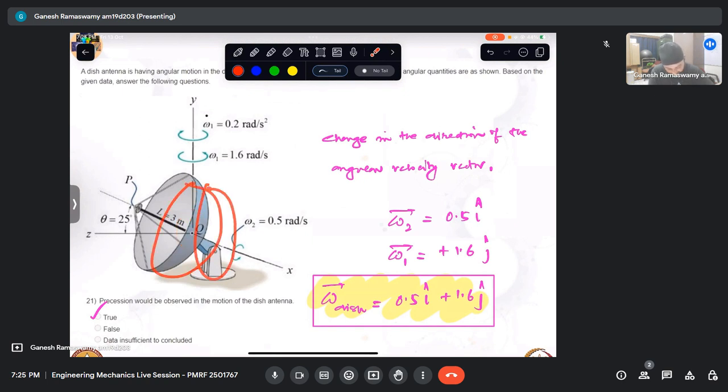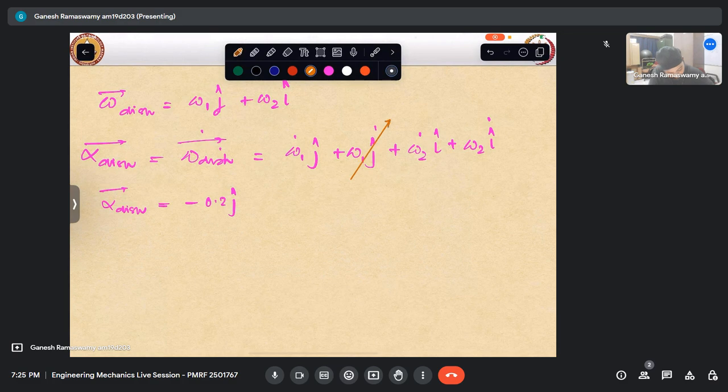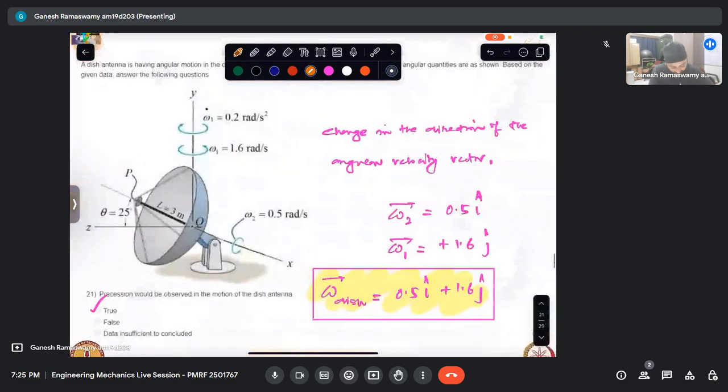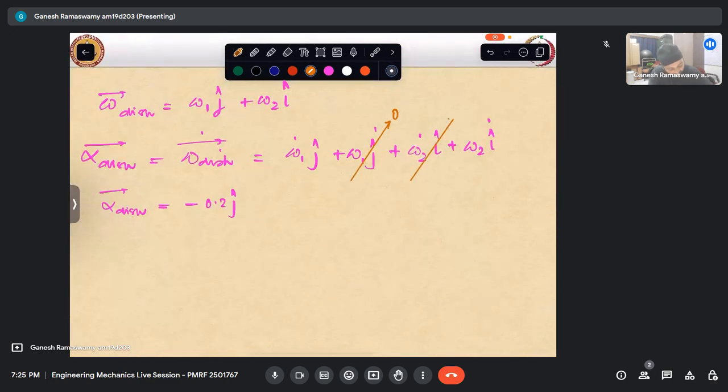So J cap dot is 0 in this problem. And then omega 2, I can see this is given to be constant. There is no other magnitudinal change given, so this also happens to be 0. And then this will exist, so this will be plus omega 2.